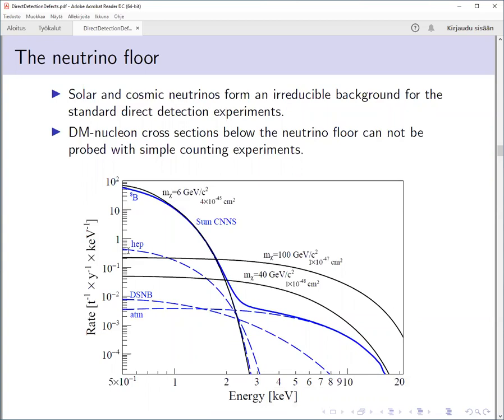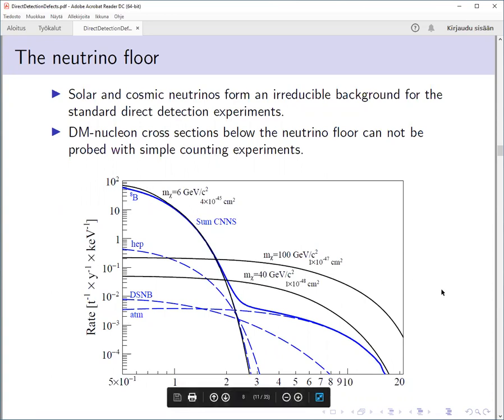And even the expected event rate, so this is a spectrum dR/dE that you can predict for your dark matter model, has a typical spectrum like this, or like this, depending on the dark matter mass. The recoil spectrum from the neutrinos looks very much like the recoil spectrum that you typically predict from dark matter.